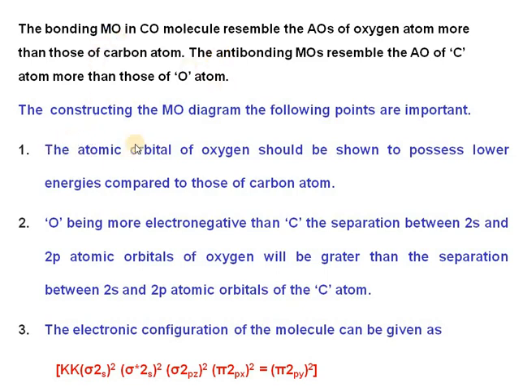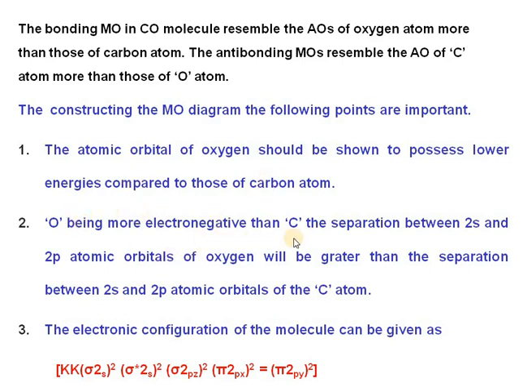First, the atomic orbitals of oxygen possess lower energy as compared to those of the carbon atom, because we have seen that the oxygen atom is more electronegative than carbon.